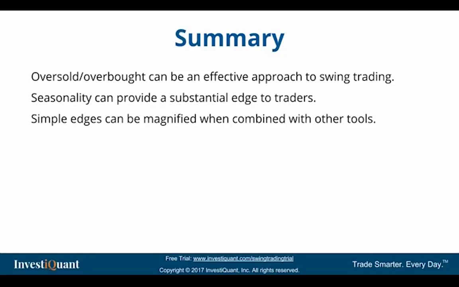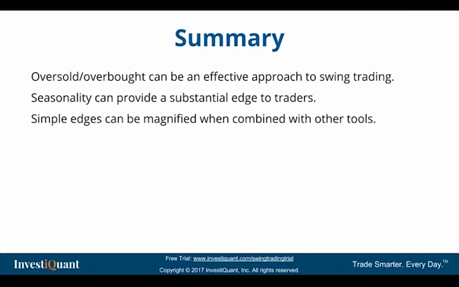Okay. And then simple edges, little things like that turn of the month, little things like that 5-day low, 5-day high. You can magnify those edges when you combine them with other tools. Now, I showed the example of one of my favorite tools, which is the IQ Swing Edges, but you can combine it with any tools you use.